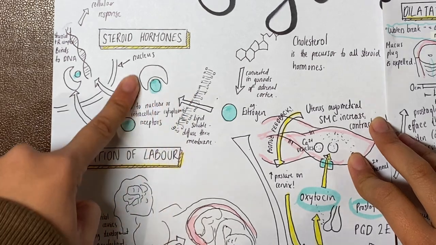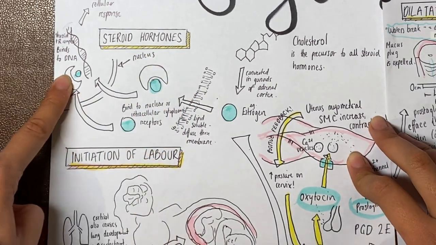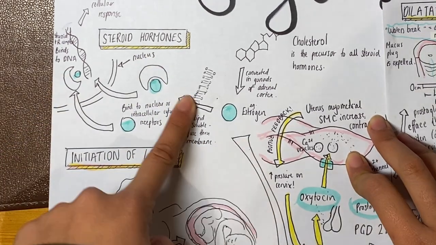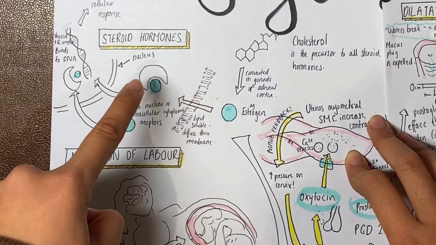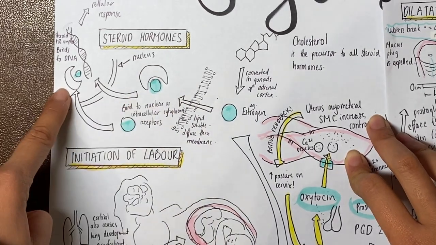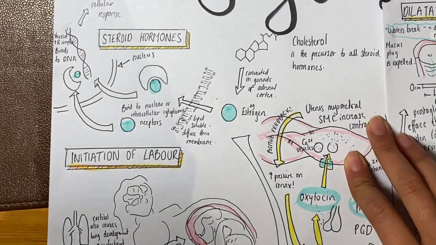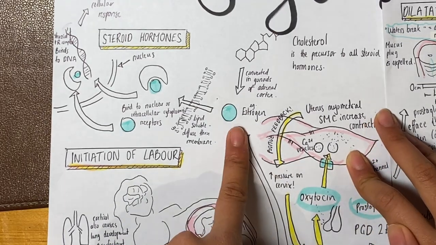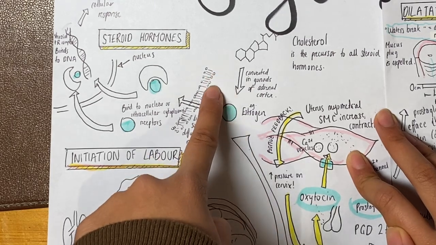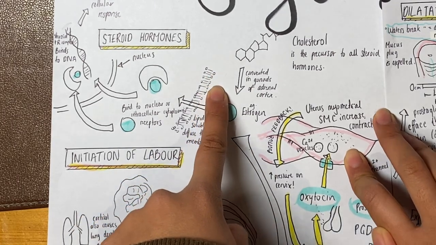So this is a cytoplasmic receptor here and a nuclear receptor here. And you can see that the estrogen here has diffused straight through to bind to these receptors. And that is as opposed to non-lipid soluble hormones, which would have to bind to a receptor on the cell surface.